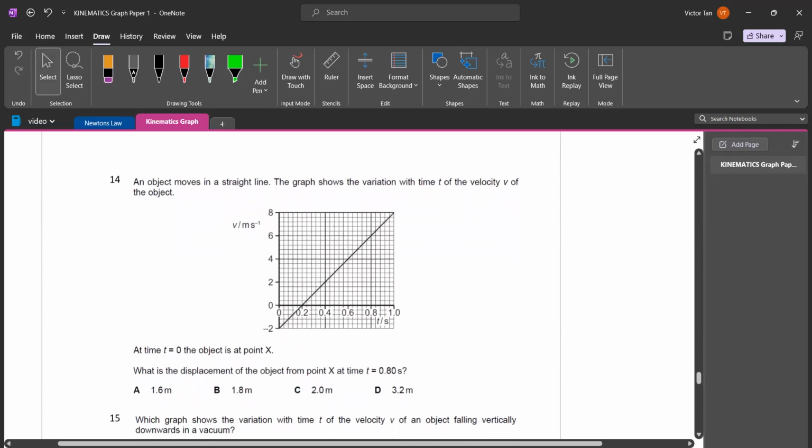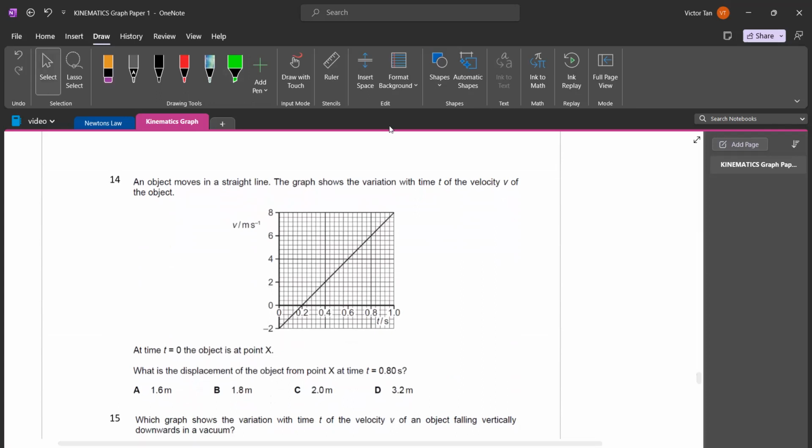An object moves in a straight line. The graph shows the variation with time t of the velocity v of the object. At time t equals 0, the object is at point x. What is the displacement of the object from point x at time t equals 0 to t equals 0.8?